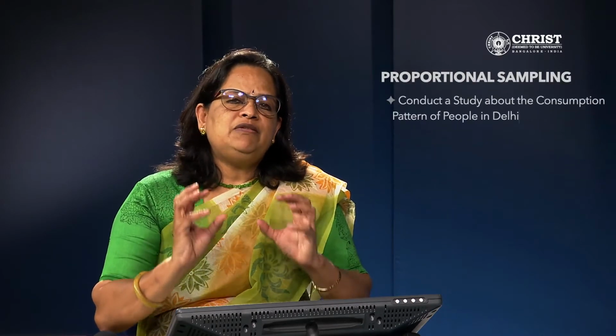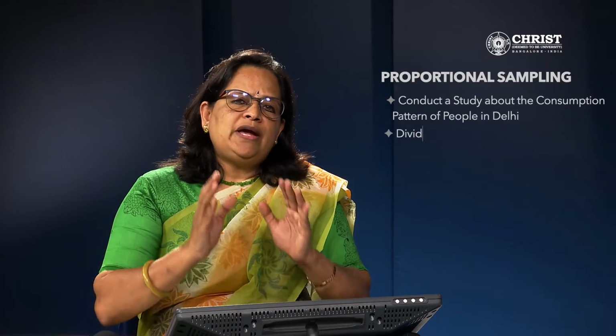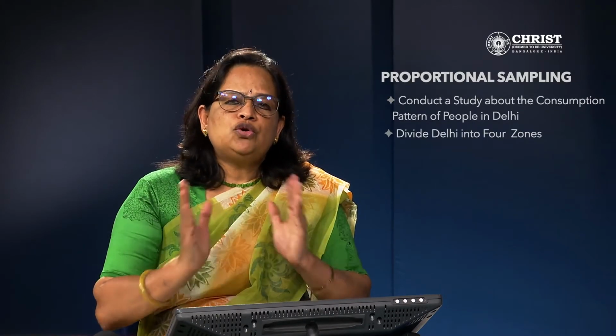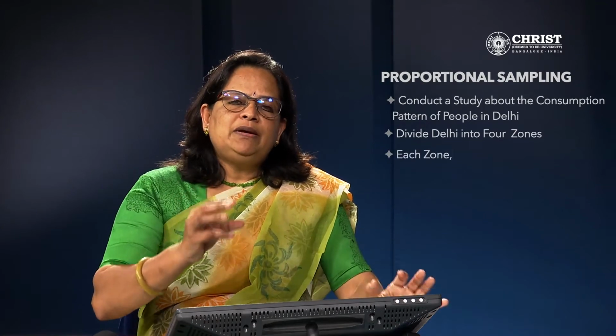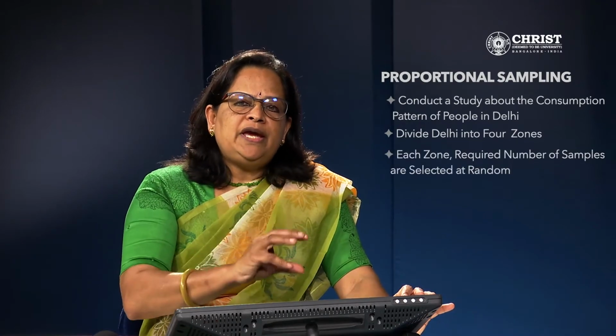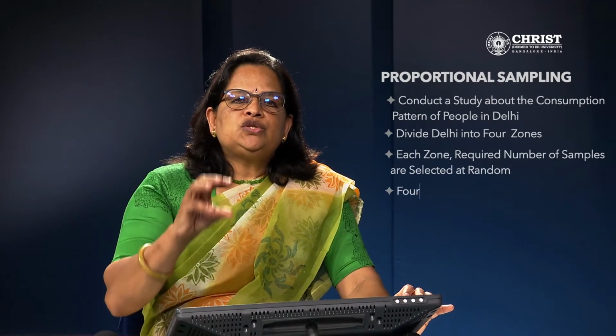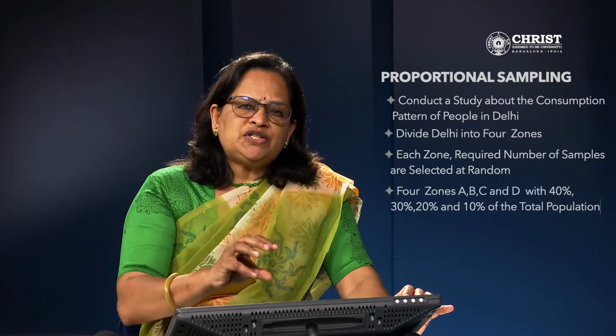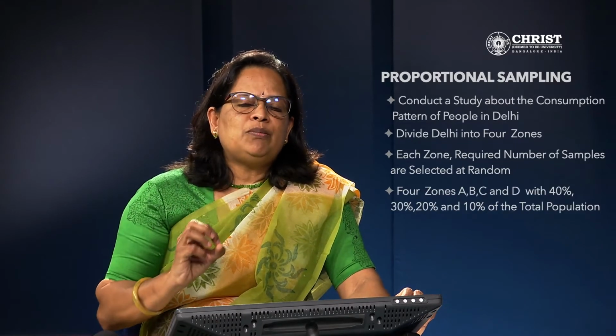Proportional sampling: if I take the example of food habits of people living in Delhi, I divide Delhi into 4 zones, A, B, C, D, based on the population. From each strata, I collect the required number of samples.